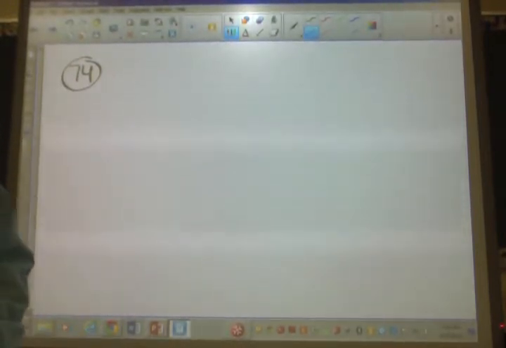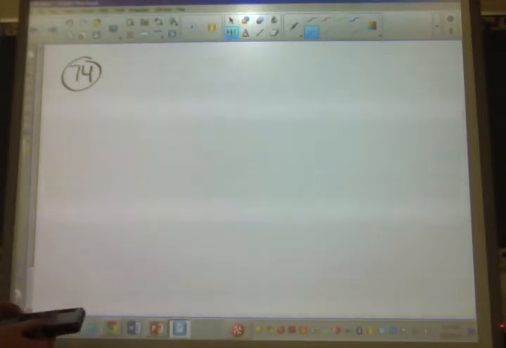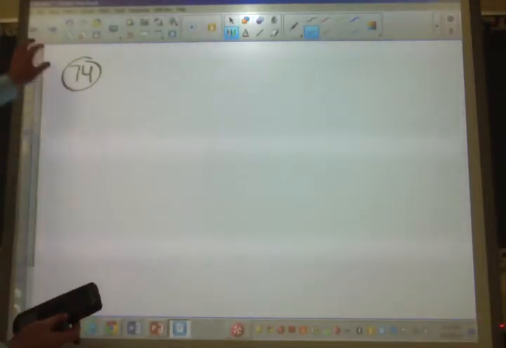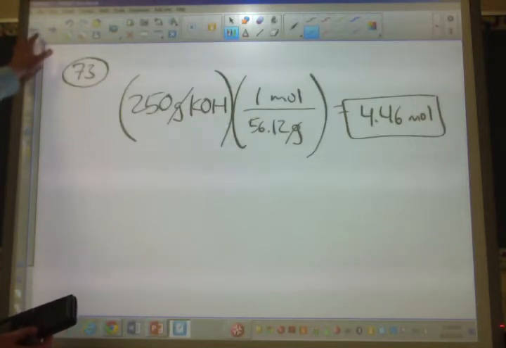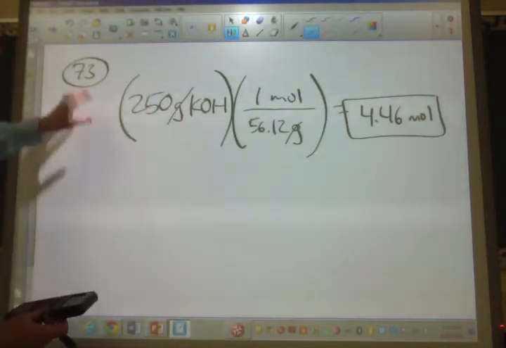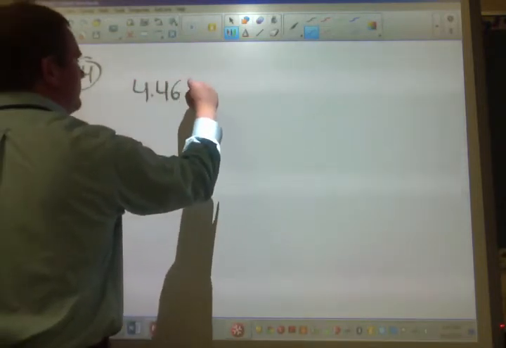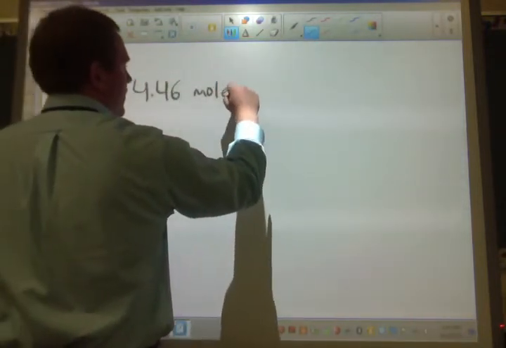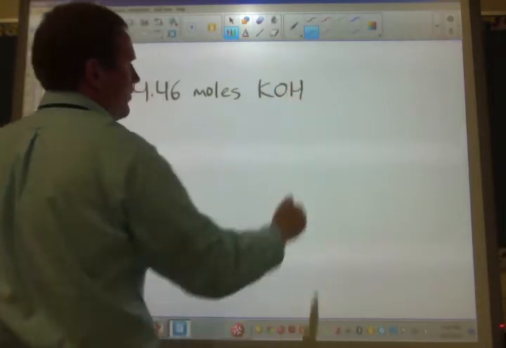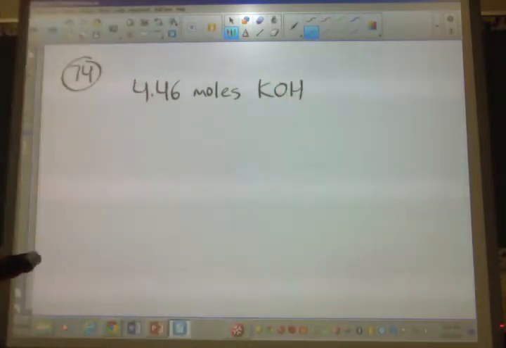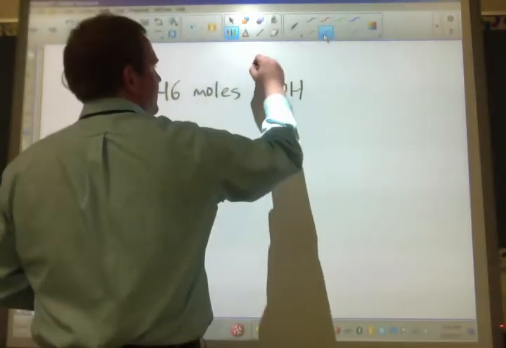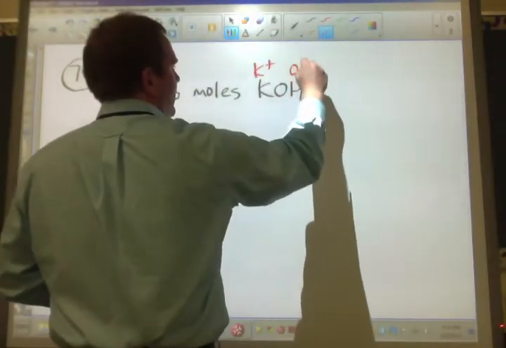Last page. How many total ions are present in the sample above? Alright, so this was a tricky problem. I didn't really like the wording of my problem here. So I have 4.46 moles of KOH. Well, KOH is an ionic formula unit, really. It's not a molecule. That consists of K plus and OH minus.